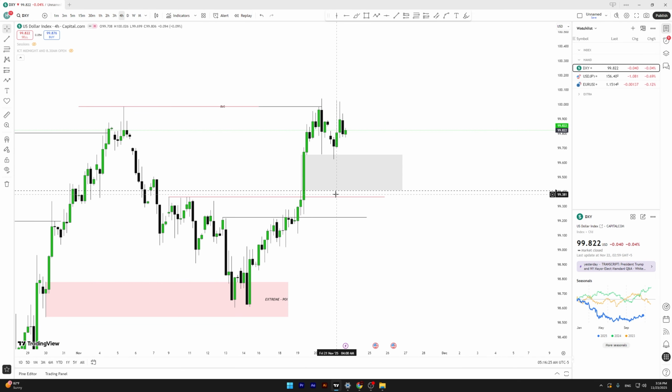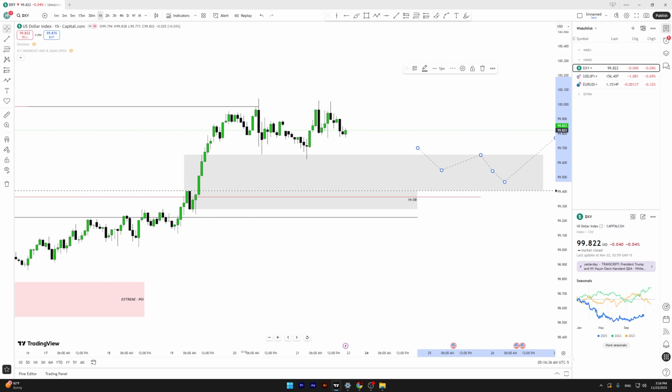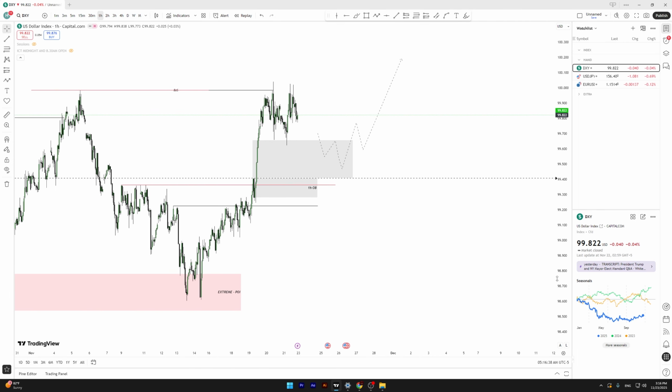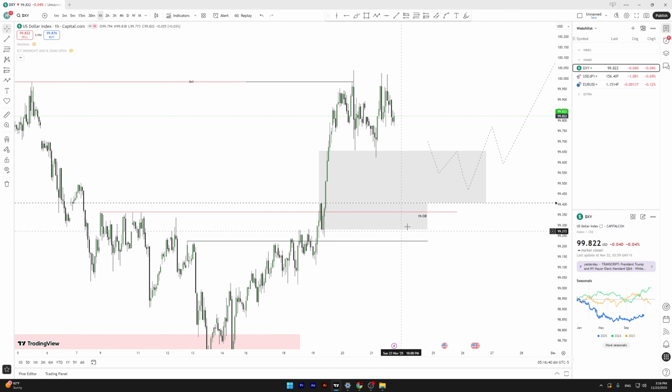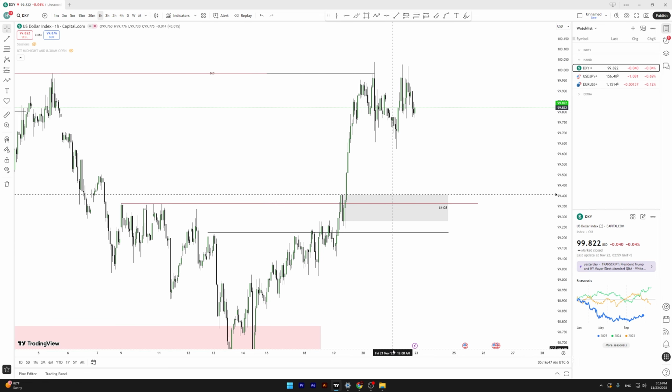Now let's refine these two zones, first this one, and then this one in the 1-hour time frame. Now as I have told you, an order block is a down close candle before a strong buy move in an uptrend. So this is our down close candle.